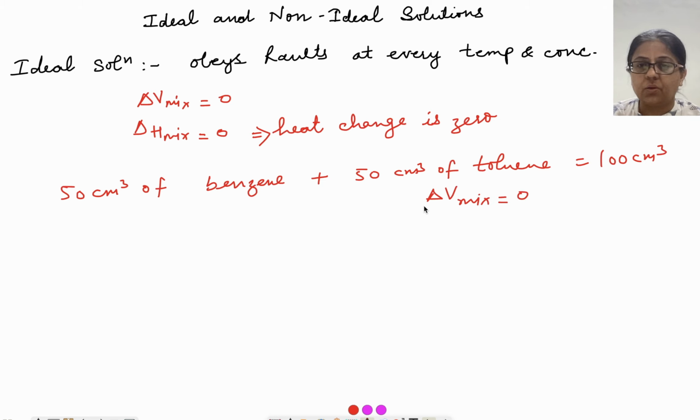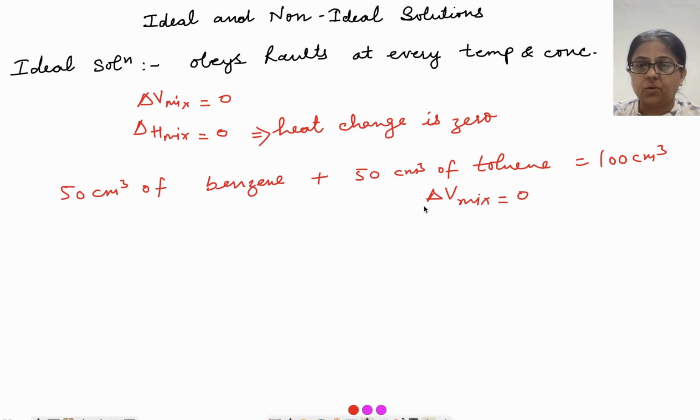So in case of an ideal solution, what actually happens if we take a binary solution having two components A and B? The intermolecular interactions between the two components A and B after mixing are equal to the individual interactions present in the solution for the different components.